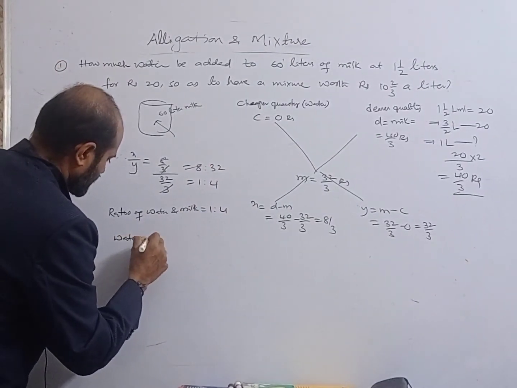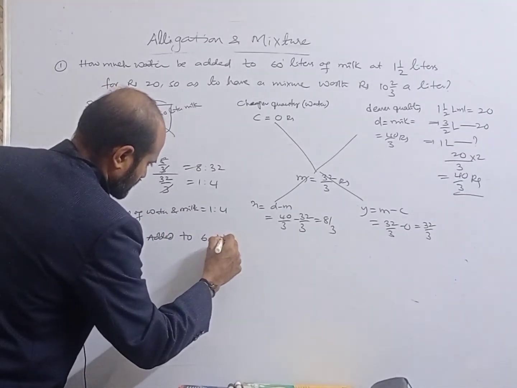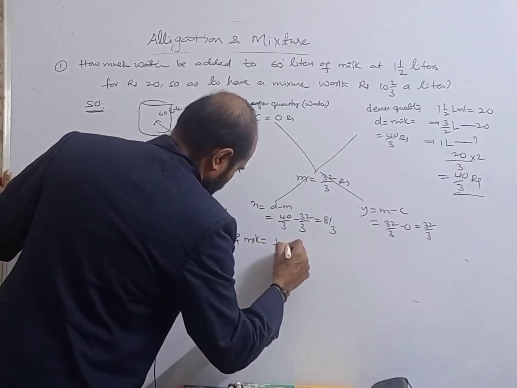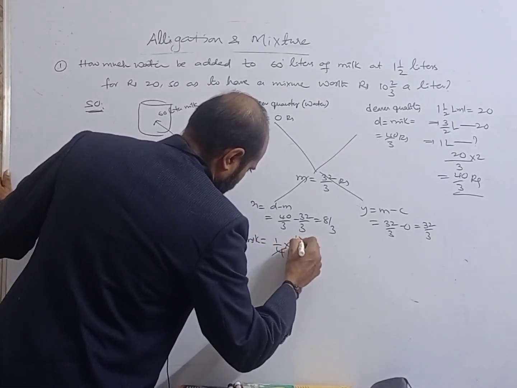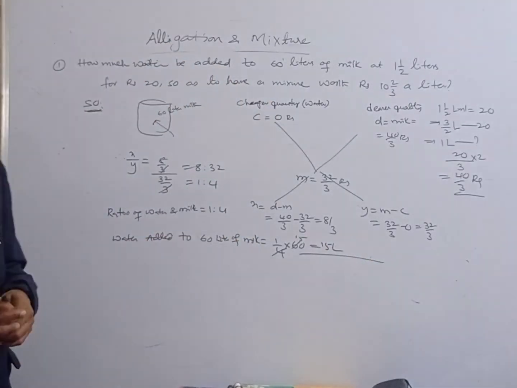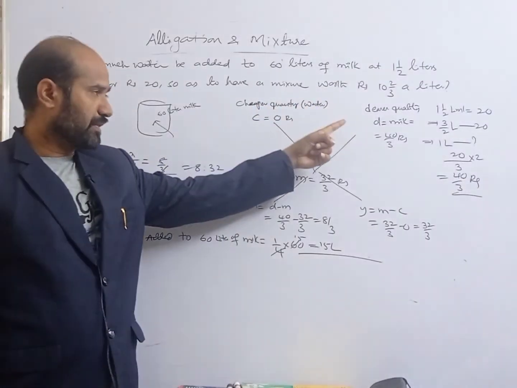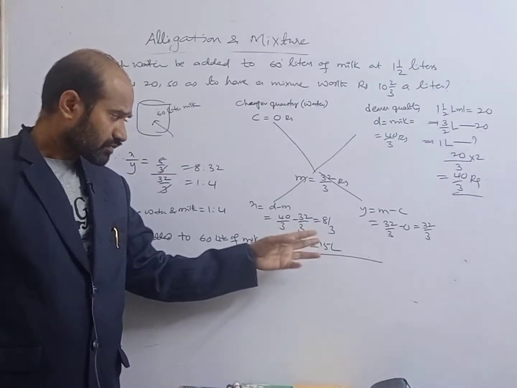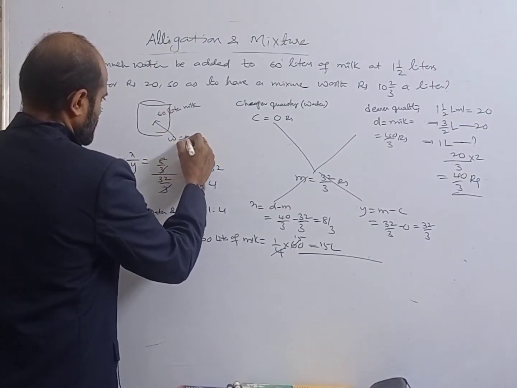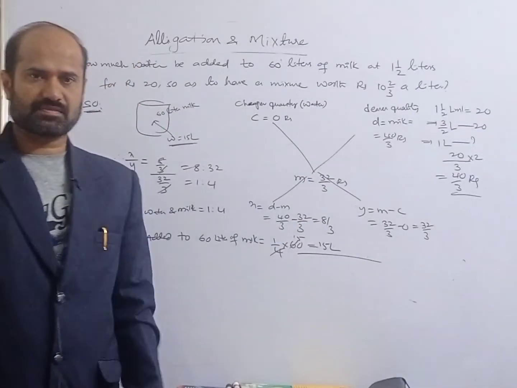Water added to 60 liters of milk equals 1 by 4 into 60, that equals 15 liters. So you need to add 15 liters of water to the 60 liters of milk, such that you will get the mean price of 32 by 3 rupees.